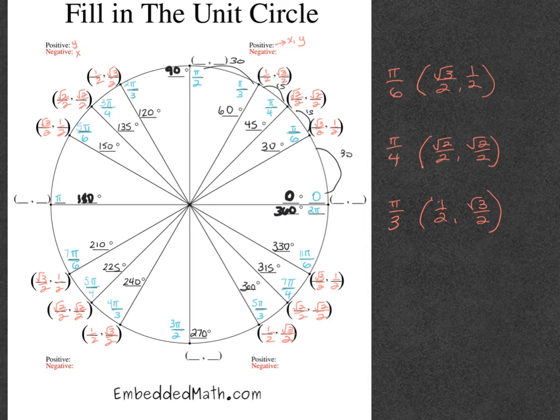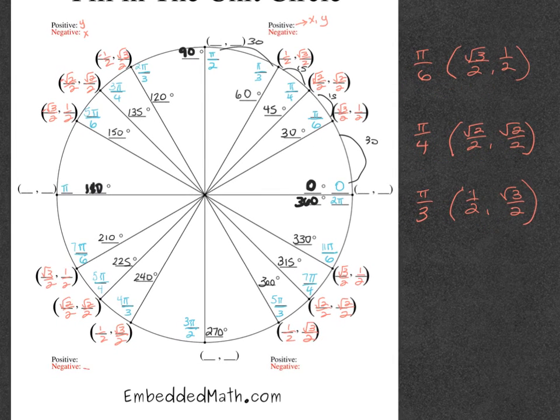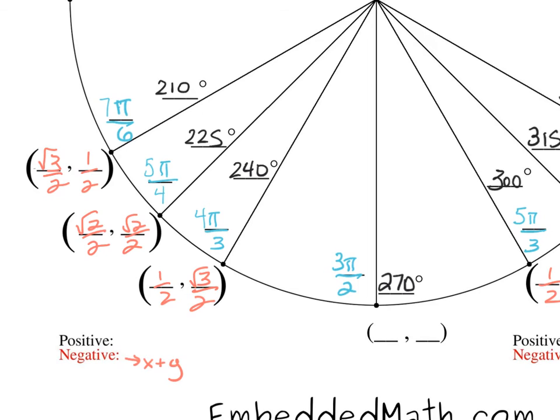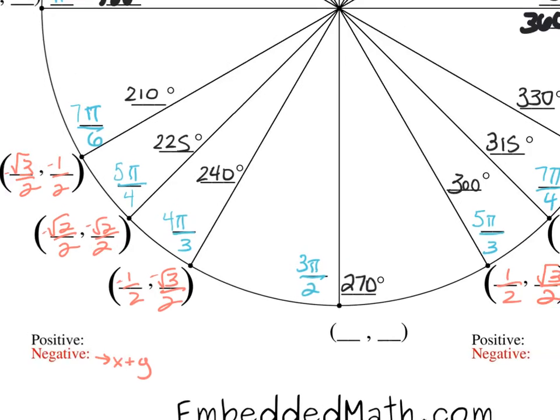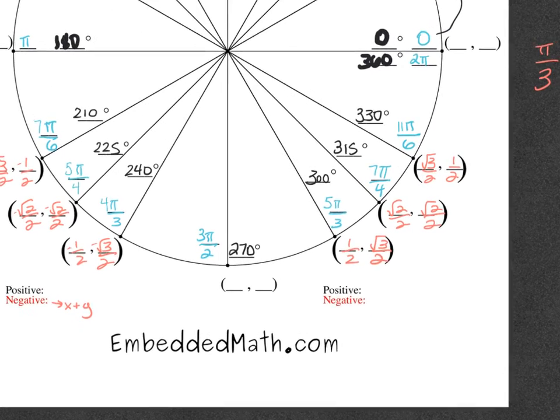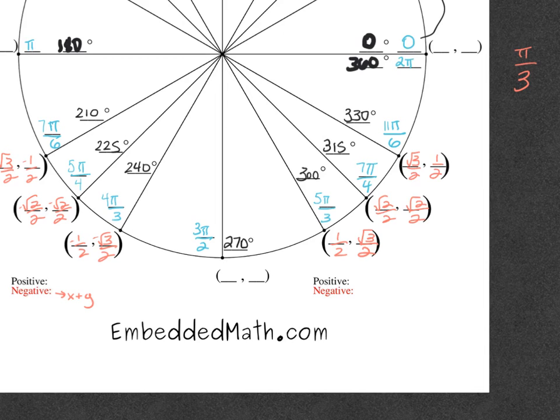In quadrant 3, they're both negative. And in quadrant 4, the x is positive, the y is negative.